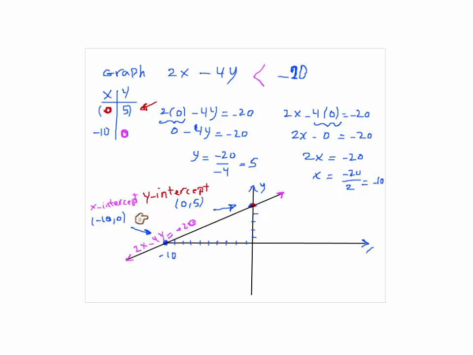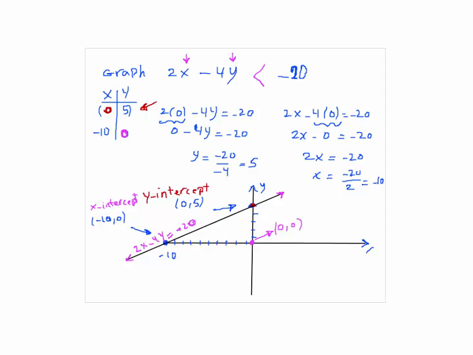To see if it's above the line or below the line, you need to find a test point. The best test point to select probably would be the origin right here, 0, 0. I want to know if 0, 0 is a solution. To do that, you substitute 0 for each x and y and see if the inequality makes sense.